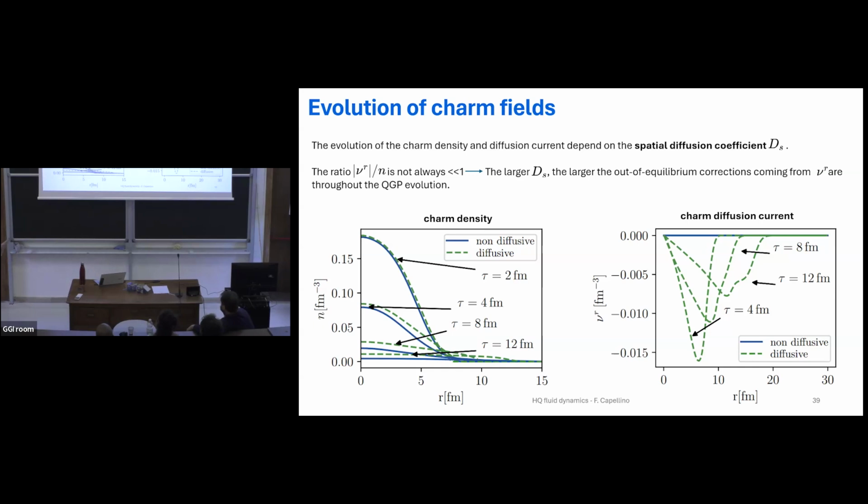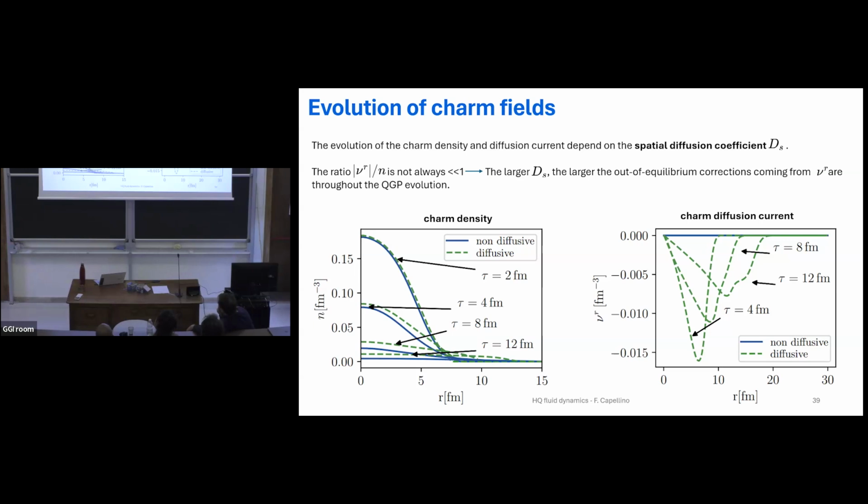The diffusion current evolution follows the standard. It starts from 0 in our case, it builds up, and then it goes again towards 0 at larger times. This is a bit related to what you were mentioning before, that in principle we expect a full hydrodynamic regime when the diffusion current is much smaller than the equilibrium density component.